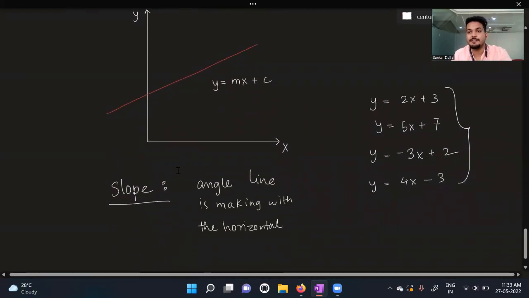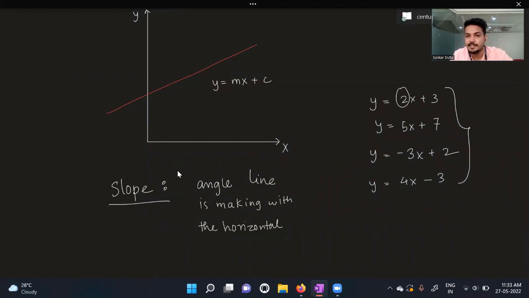So if you increase the coefficient of x, like from 2 to 5, the slope will increase. If y equals 2x is something like this, y equals 5x will be steeper. It will have higher slope, a higher angle with the horizontal, or in this case, the x-axis, right?